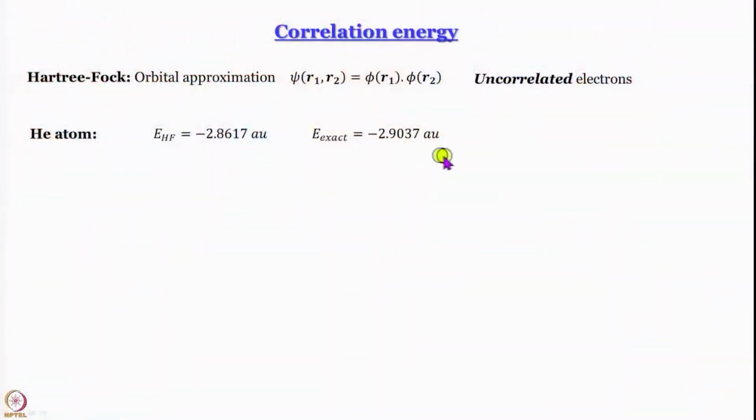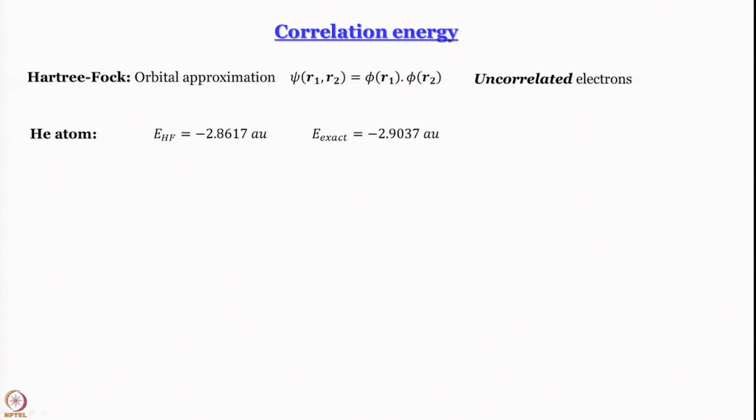Then the value that we had seen at that time was minus 2.9037 atomic units. So, this is as good as it gets. So, using Hartree-Fock method, the energy that we get is more than that, minus 2.8617 atomic unit.